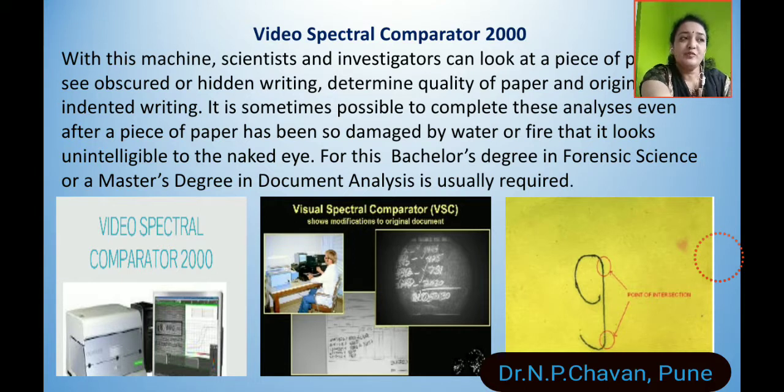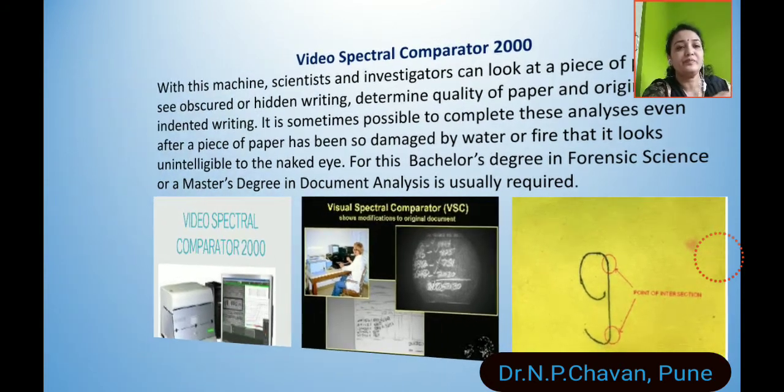It is sometimes possible to complete these analyses even after a piece of paper has been damaged by water, purposely or accidentally, or by fire, so that it looks unintelligible to the naked eye. For this, a bachelor's degree in forensic science or a master's degree in document analysis is usually required.